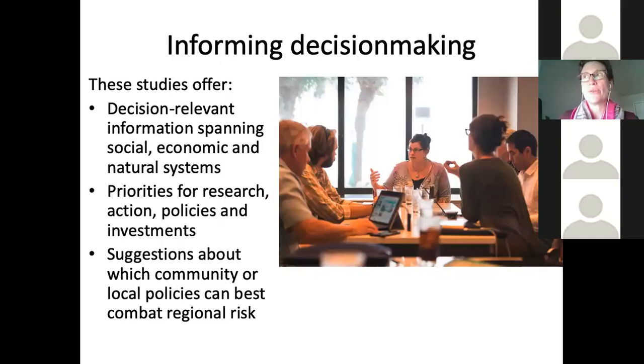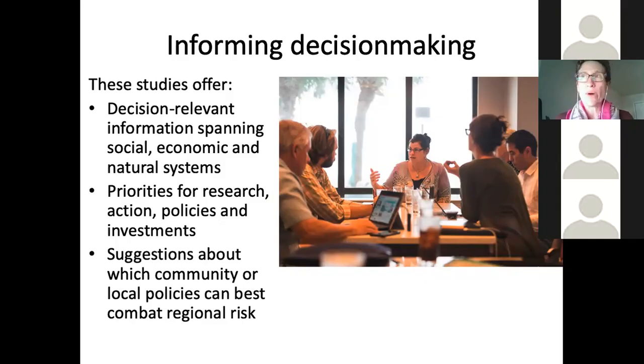So in order to inform decision-making with these sorts of studies, it's important to remember what the studies offer. They really provide decision-relevant information that covers many systems. The information really spans natural systems, cultural systems, and economic systems, as well as policy landscapes.